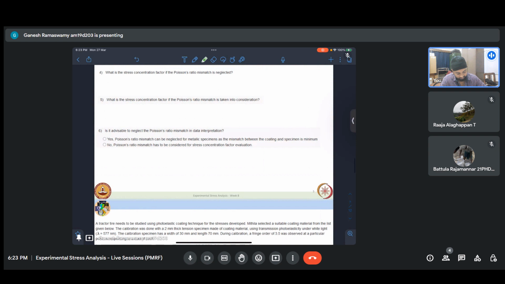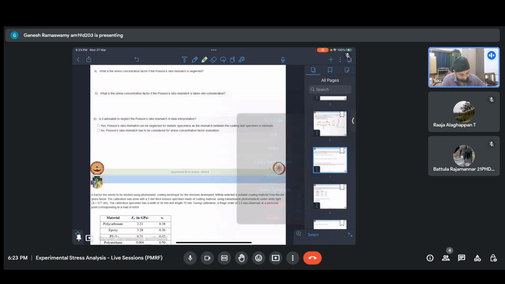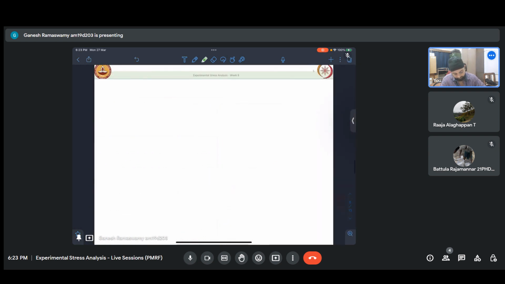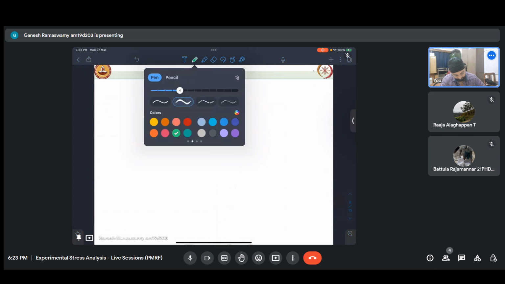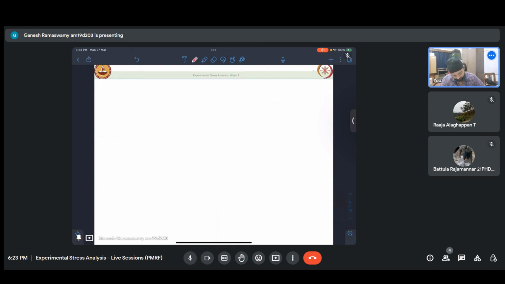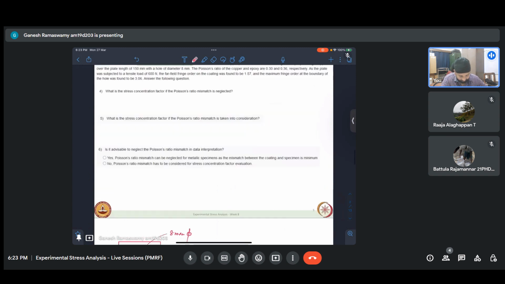So essentially what we have here is a plate with a hole. The hole diameter is given to be 8 mm and the plate size is given to be 150.